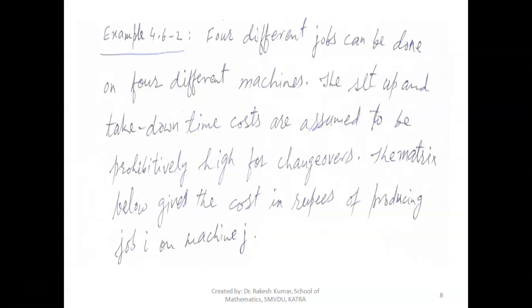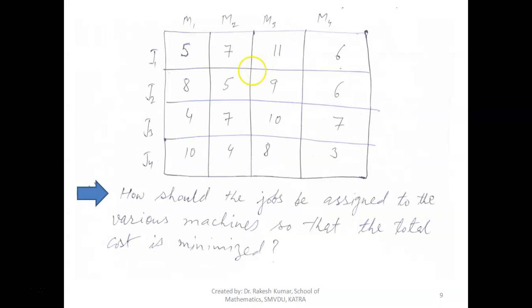The setup cost and takedown time costs are assumed to be prohibitively high for changeovers. The matrix below gives the cost in rupees of producing job I on machine J. Okay, so this is the cost structure.